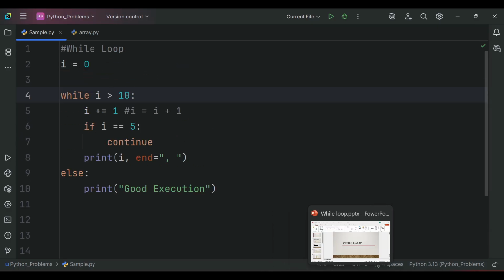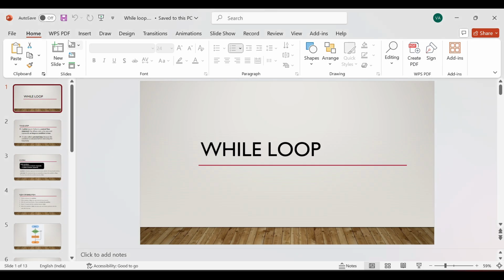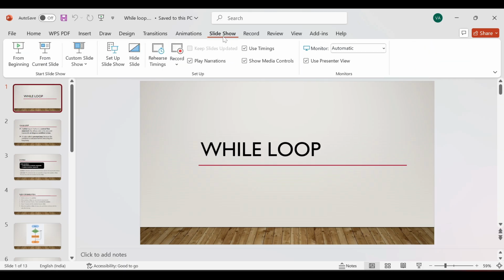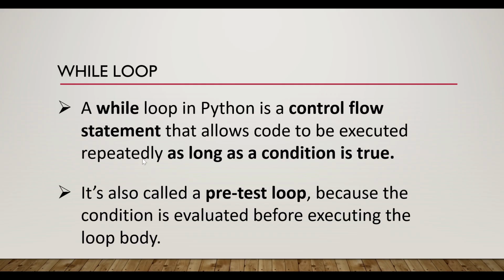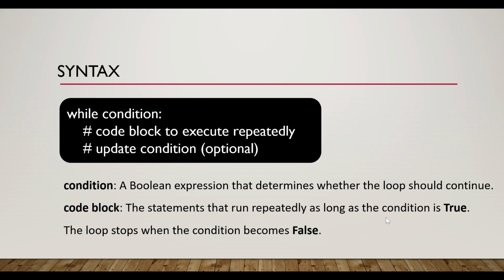Let's have a look at the PPT once. In the while statement, why are we using it, and what is the condition? A while loop in Python is a control flow statement that allows code to execute repeatedly as long as a condition is true. It's also called a pretest loop because the condition is evaluated before executing the loop body.